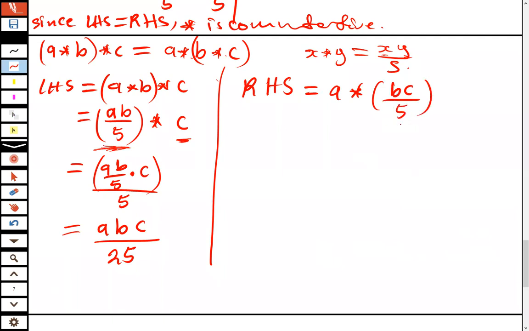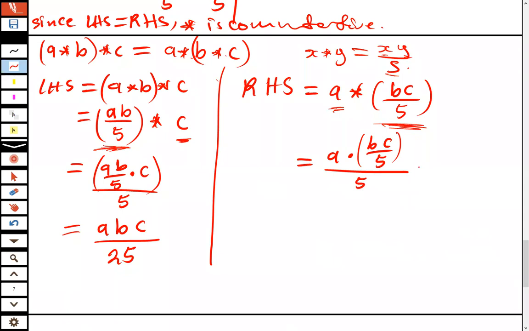This whole part becomes our Y, then this first part becomes our X. So while there's X there, we'll put A, while there's Y, we're going to put BC over 5. So this is what we're going to have. Then everything divided by this 5 there.